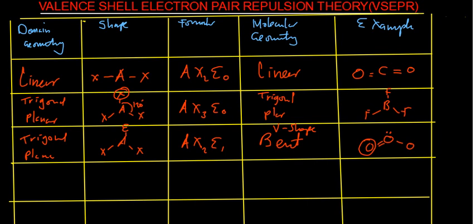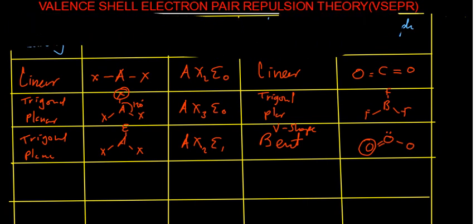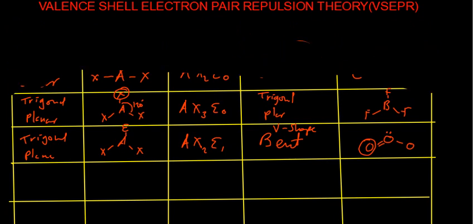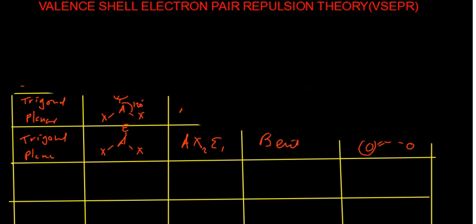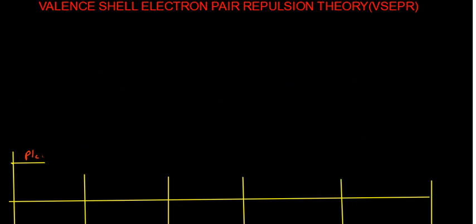Okay. The others, let me remove the table and then we start finding others. So remember what we are using is the VSEPR model, where electrons always want to have maximum distance away from each other. So if we go to a domain geometry which is tetrahedral, so we have tetrahedral, okay, like that.